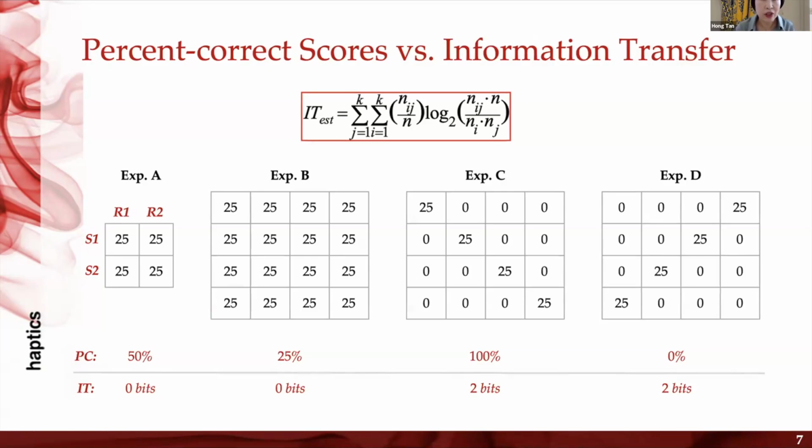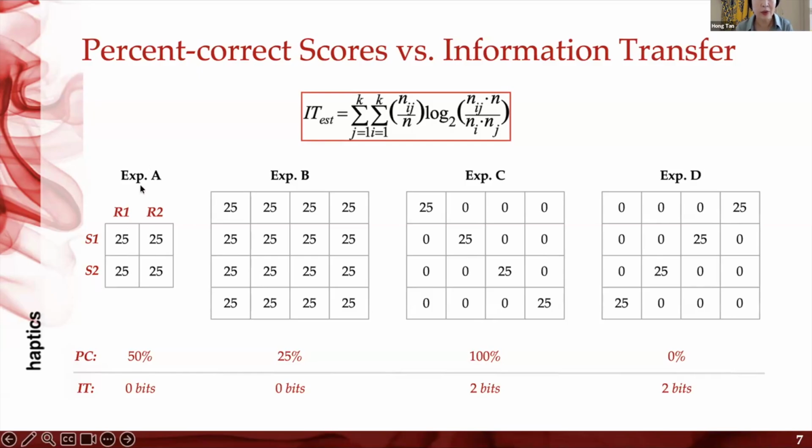Or if you have a vibration, it's like which one has the higher amplitude or lower amplitude, or which one has the higher frequency, lower frequency. Basically, you have two signals, and R1 and R2 are the responses people give. And in the matrix, it's the number of times each stimulus is called each response. And here we assume R1 is the response for S1, R2 is the response for S2.